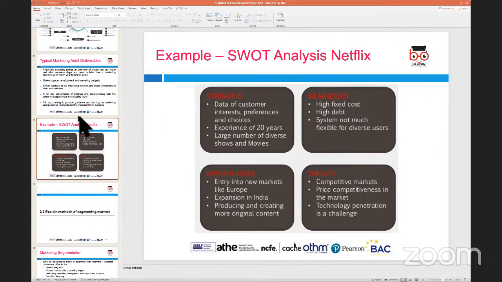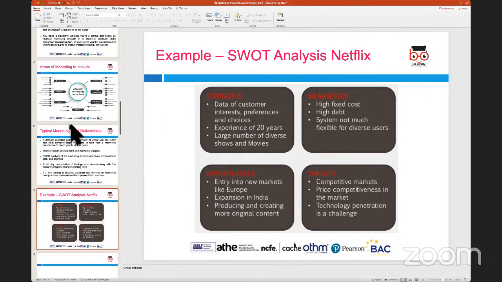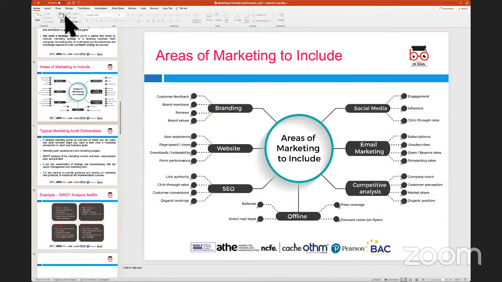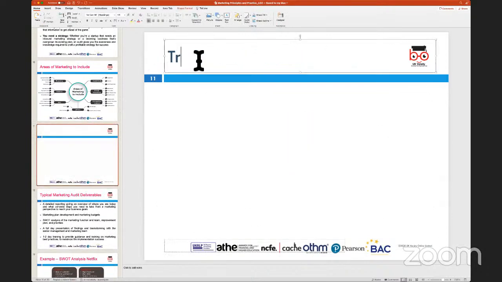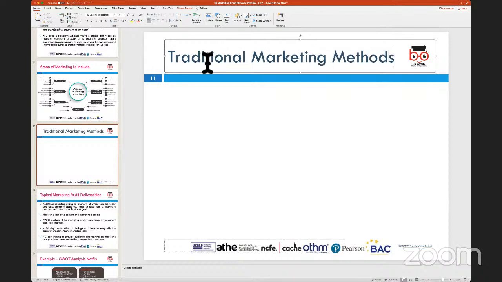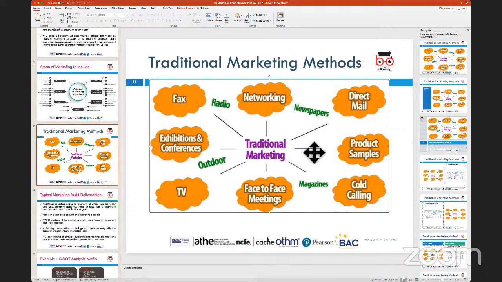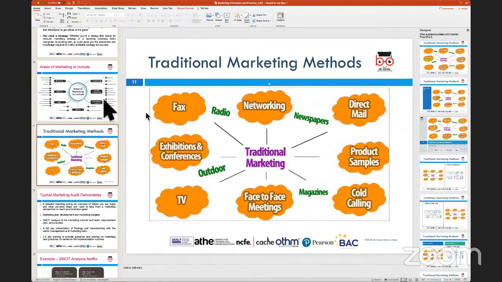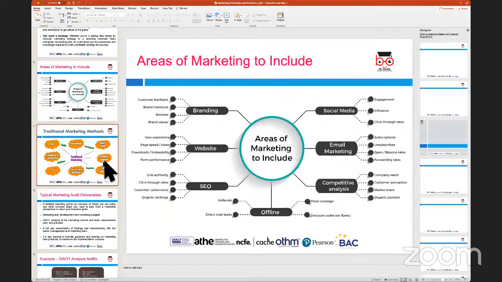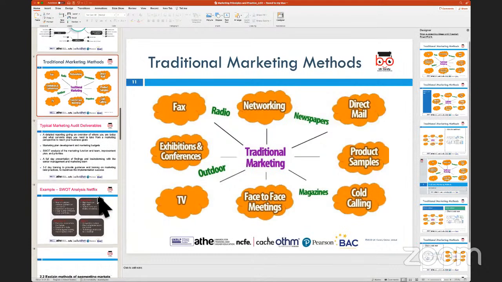So here, if I put another slide, which is traditional marketing methods. What I want to do is differentiate so that we know clearly what are the traditional marketing methods and what are the digital marketing methods. So these two slides would help you differentiate that.